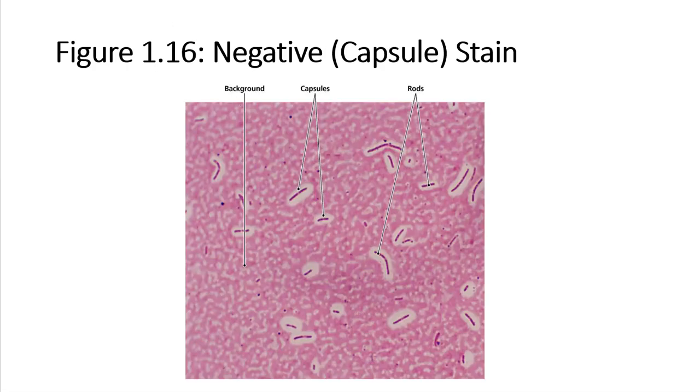Okay. I'm back here. This becomes important. We use a negative stain. We'll talk about this. India ink preps. It's a dark, dark, dark stain that's done on spinal fluids. We're looking for a particular organism that can cause encephalitis.